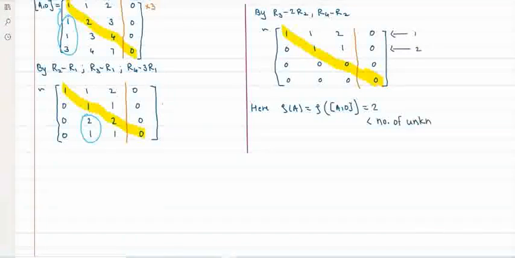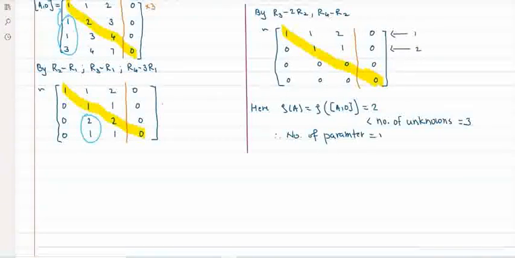How many unknowns are there? 3. Therefore the number of parameters is equal to n minus r, that is 3 minus 2, 1 parameter.